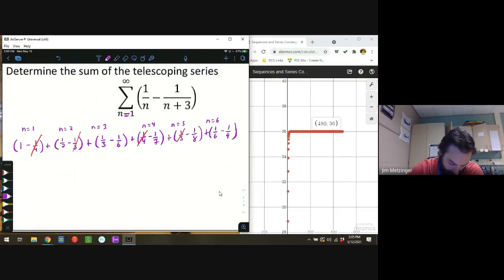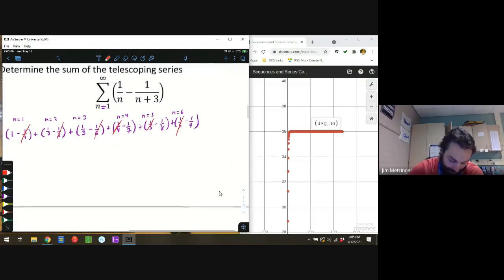The 1/6 cancels. So far what I need to happen hasn't happened yet. Please happen on this one because we're running out of room. Put in 7. There it is. 1/7 minus 1/10. 1/7 will cancel right there. There's the term that collapsed.